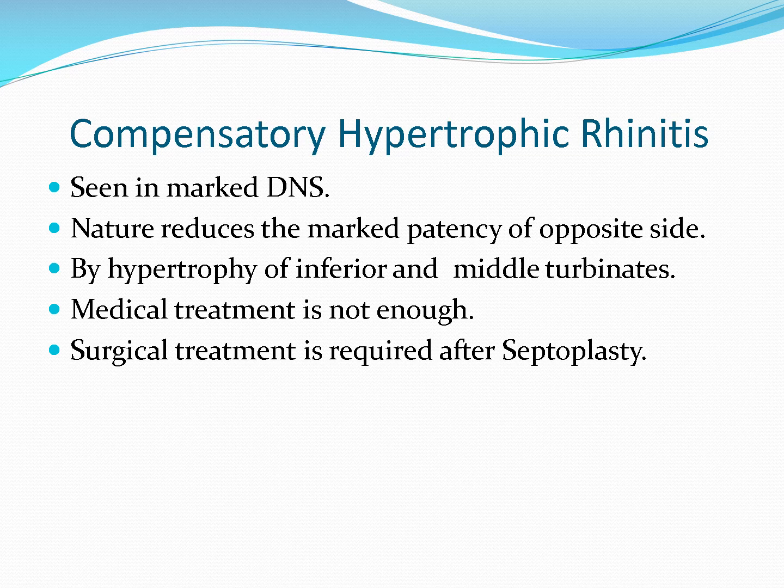So the inferior turbinate and middle turbinate get hypertrophied due to the space that is provided by the deflected nasal septum on the other side. So if there is a marked C-shaped deflected nasal septum, the inferior turbinate of the other side will become hypertrophic. So medical treatment, and if not enough, then surgical removal of the turbinate.